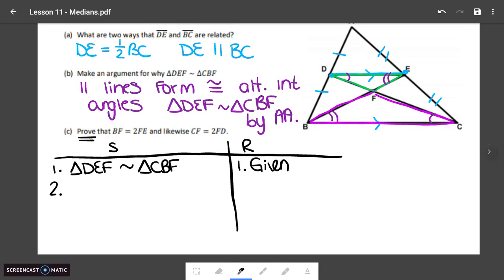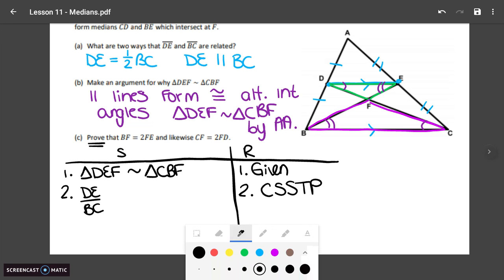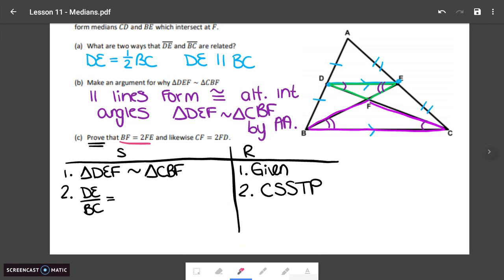Now remember, all the sides are in proportion. So corresponding sides of similar triangles are proportional. But so let's actually set up those proportions. So I'm going to take the proportion that I have. I know here that DE and BC were related. DE is here. BC is the bottom piece.